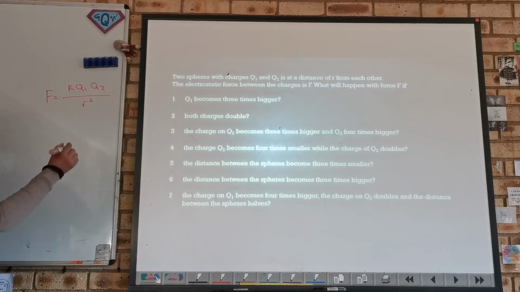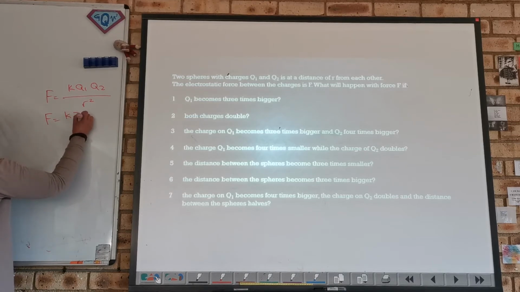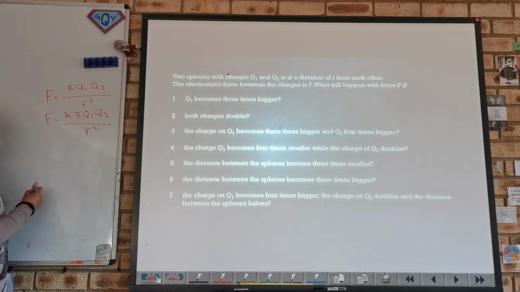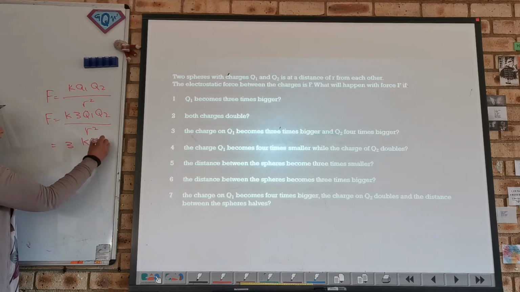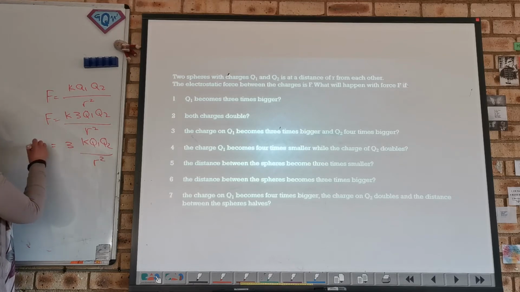So F is equal to K times 3Q1 Q2 over R squared. Make sense? Which means I have 3 times Q1 Q2 over R squared, which means that F will be 3 times bigger.